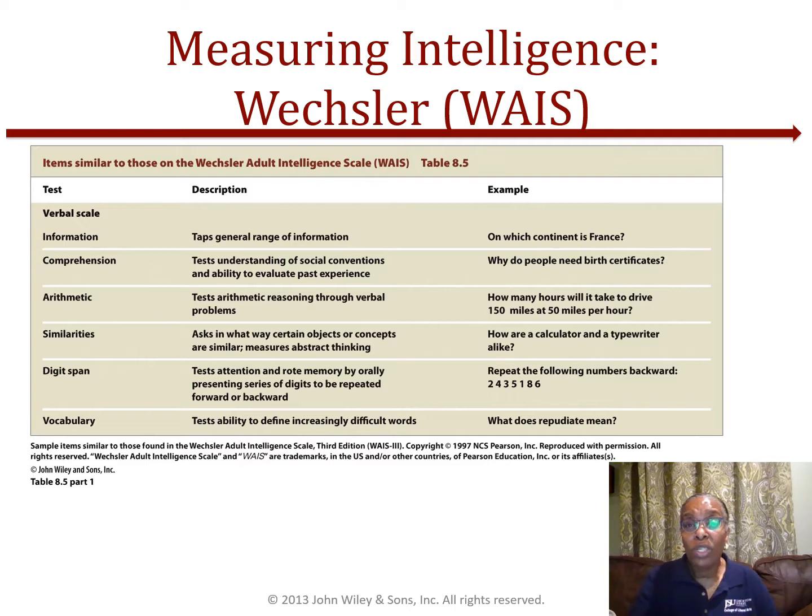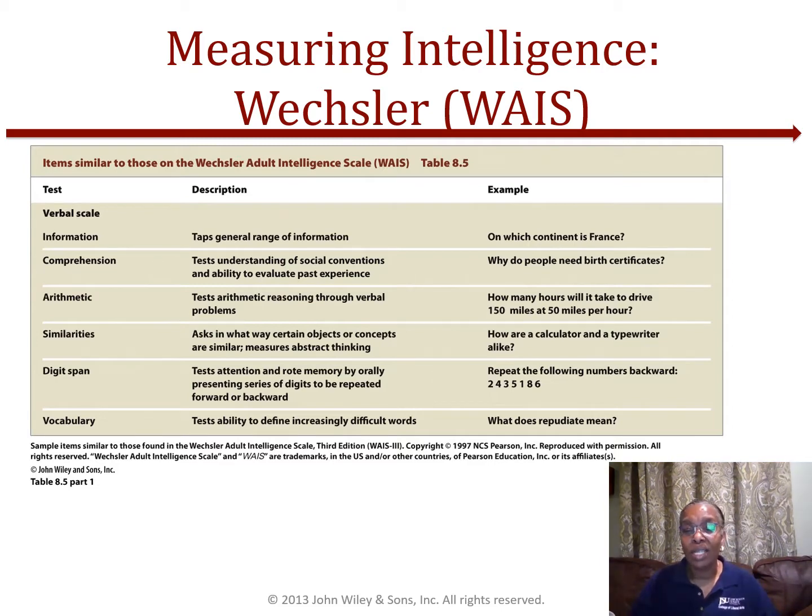The verbal portion of this test doesn't have to be administered, because each subtest yields its own score. Some of the things it looks at are information, comprehension, arithmetic, similarities, and digit span. In digit span, you repeat a set of numbers and go backwards with it, as well as vocabulary.